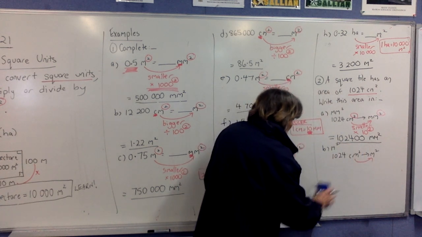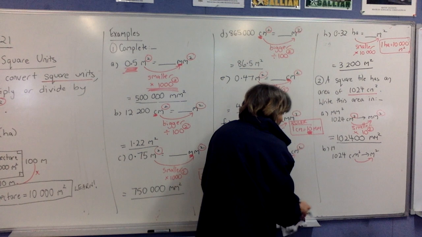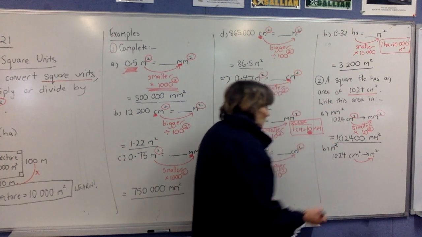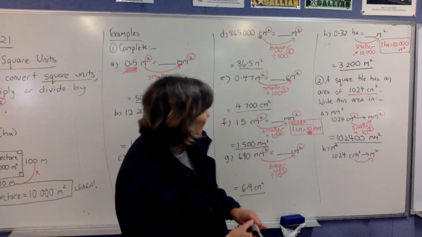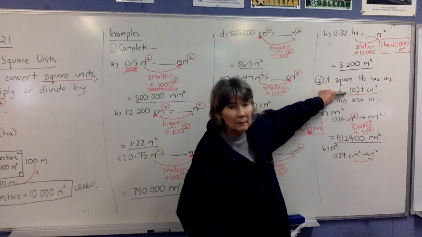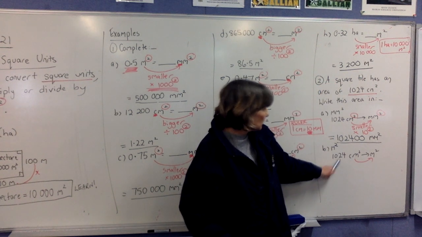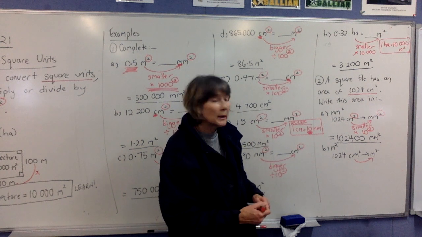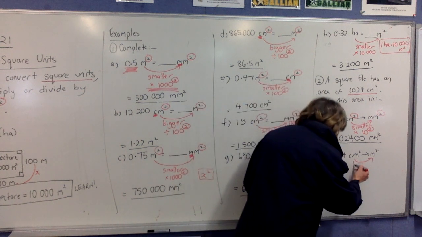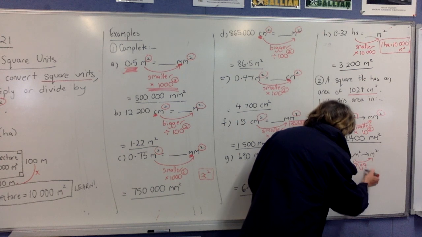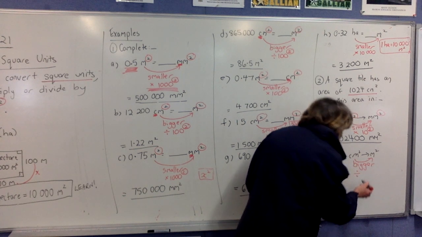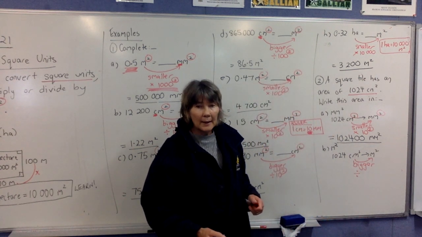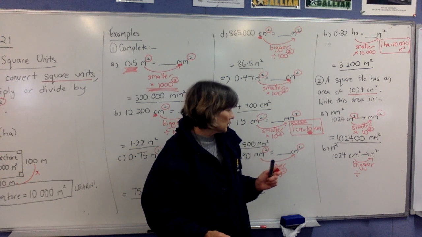Okay, let's look at this next one. We're converting to metres squared. So we're going to take what we had at the beginning, 1024 centimetres squared, and convert to metres squared. Metres squared are bigger than centimetres squared. So we are dividing by, now we will look at the prefix this time because there's only one of them.